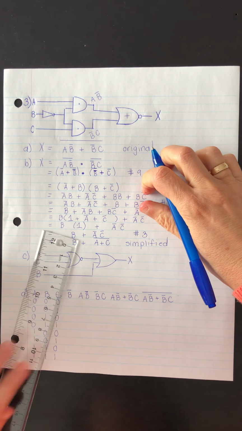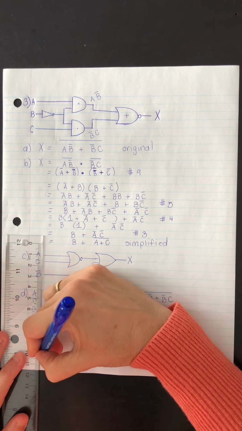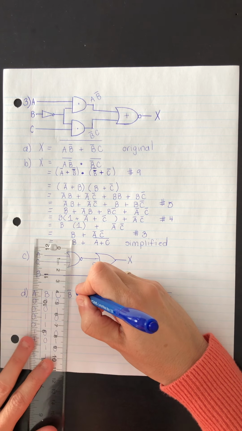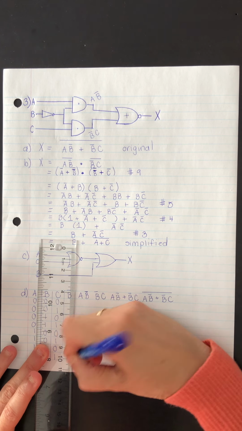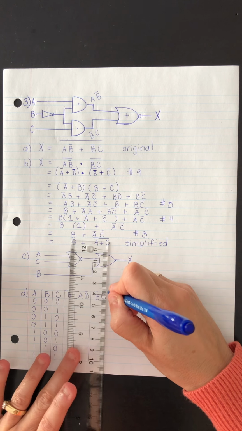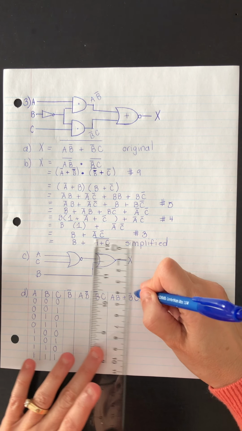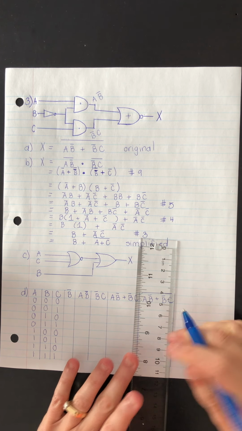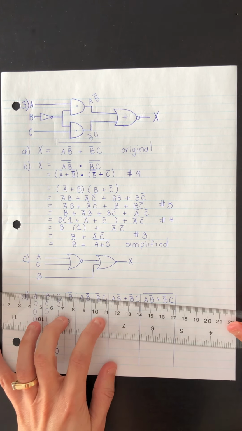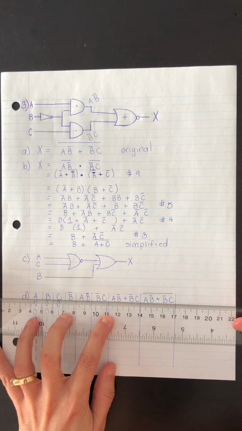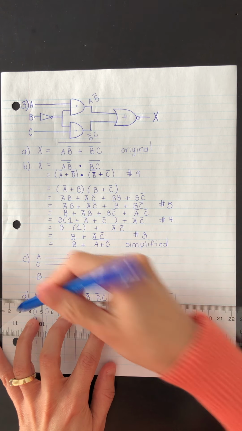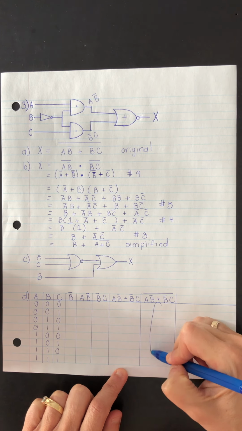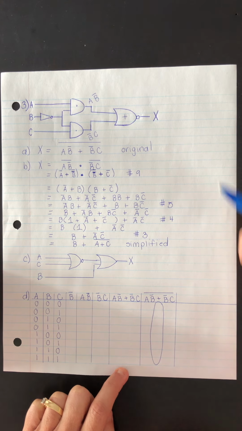Okay, I'm going to put in some vertical lines just to try to keep things a little bit neater so that I don't go crazy with my columns. Okay, might as well throw this one in for good measure. So this right here would be the output for the original.